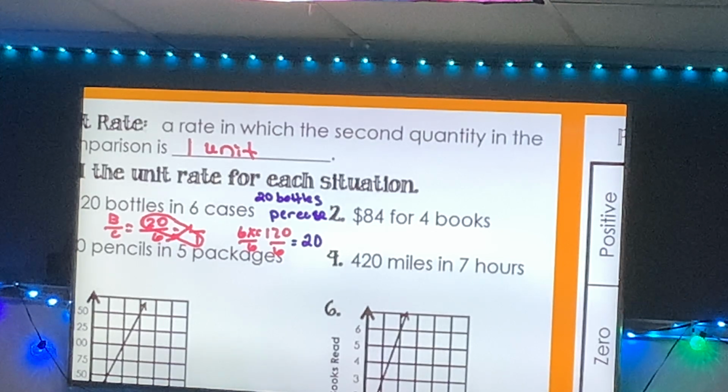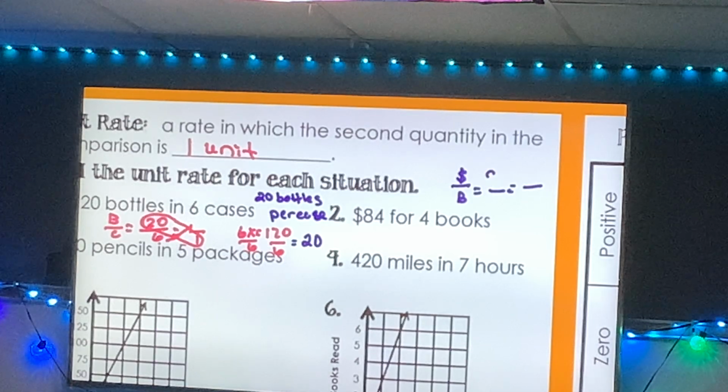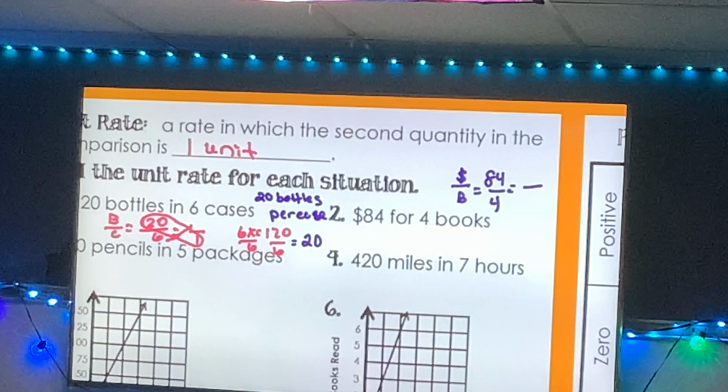Okay, the next one. We have money over books. We have $84 for 4 books. I need to find out how much it is per book. So 84 times 1 is 84. Divide by 4.